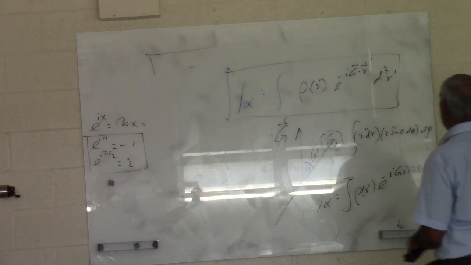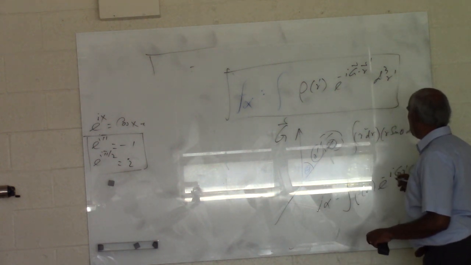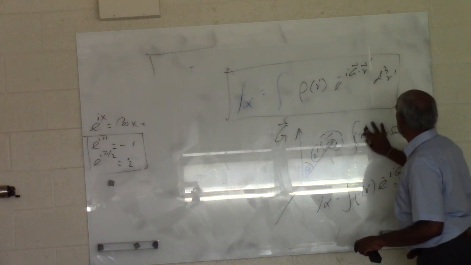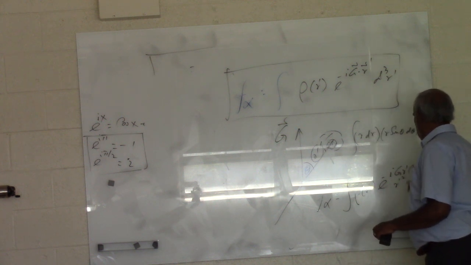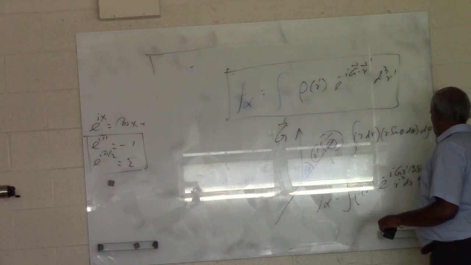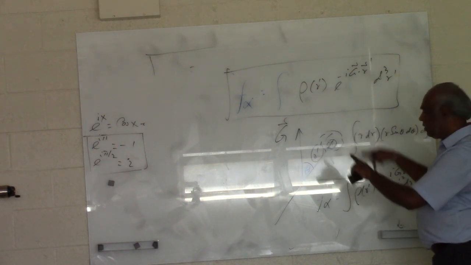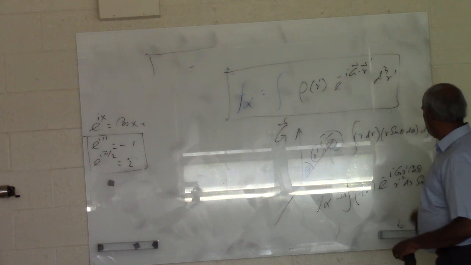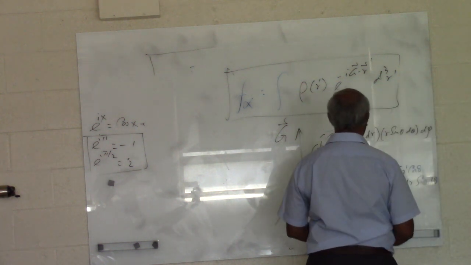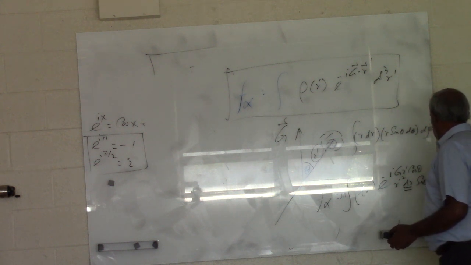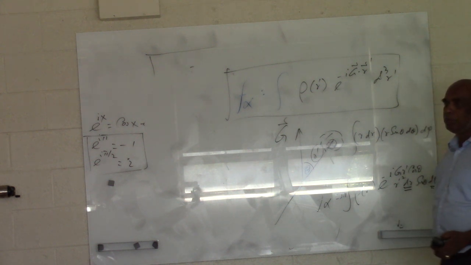So if you do this one, r squared dr sine theta d theta d phi, you get 2 pi coming here, right? That's it. Then you have to integrate over r'.